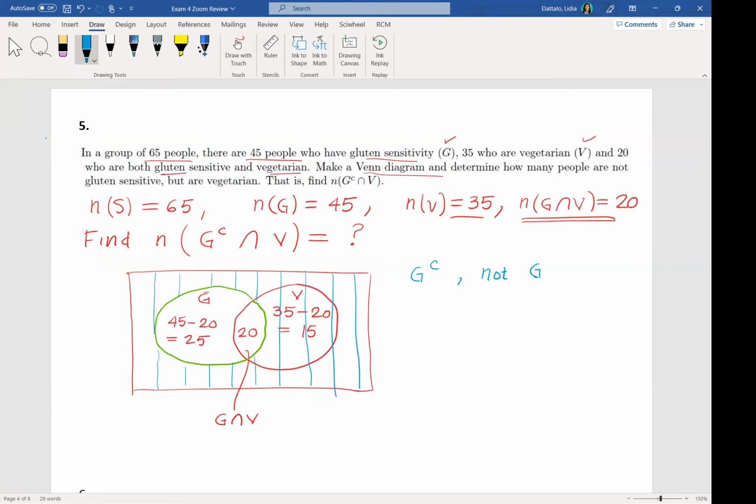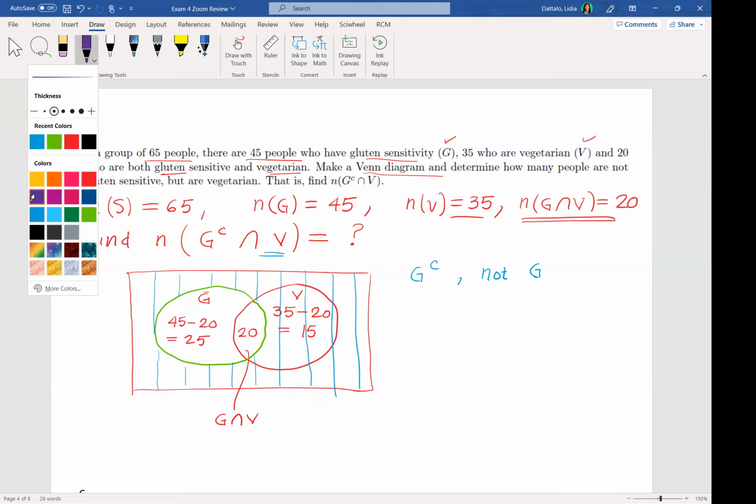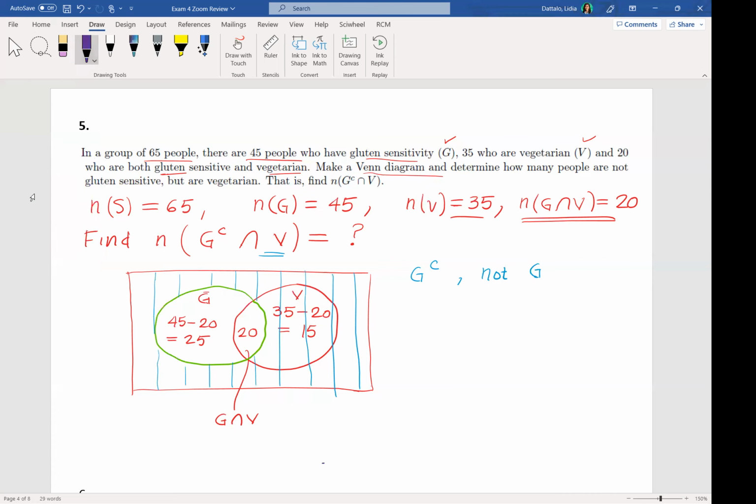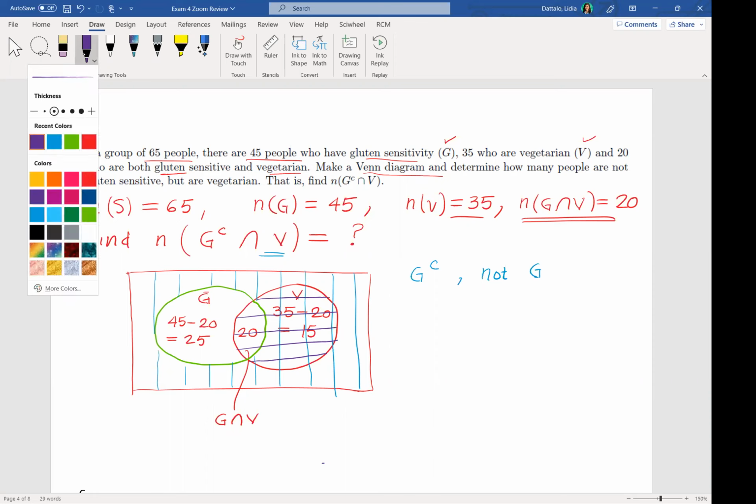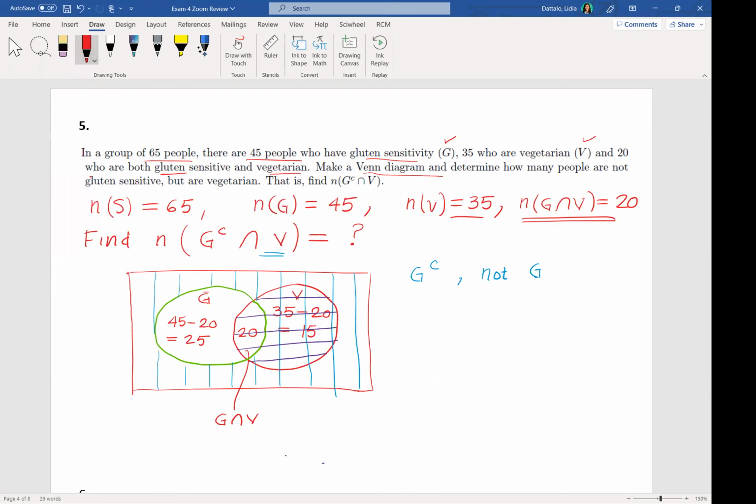Now, that's not G. Now, V is actually this, the red circle. So I'm going to do this. That's V. So now back to answering the question.